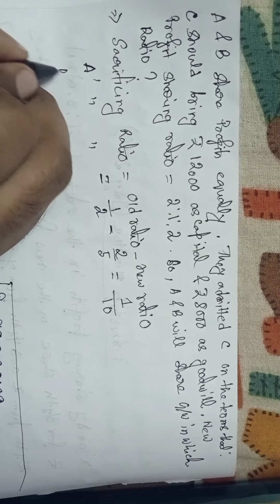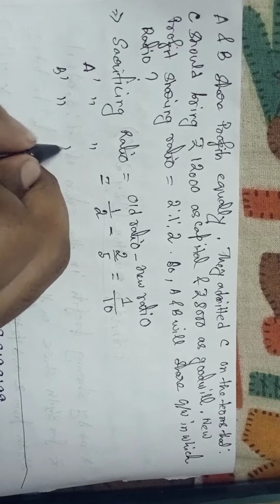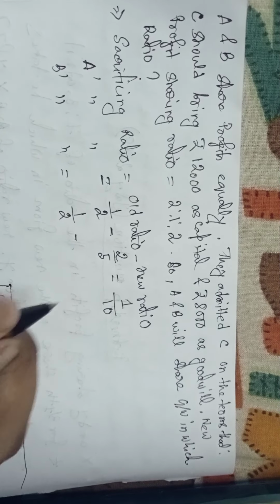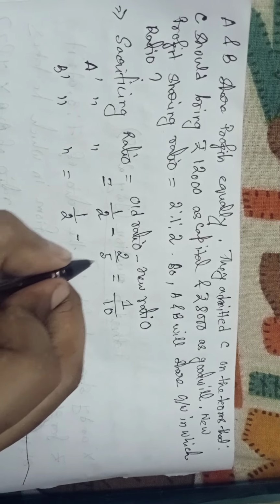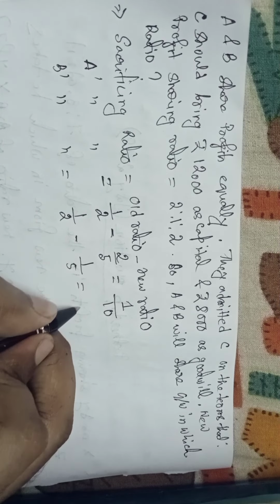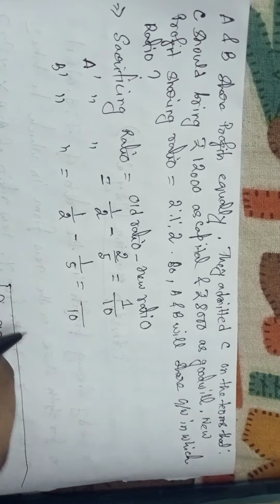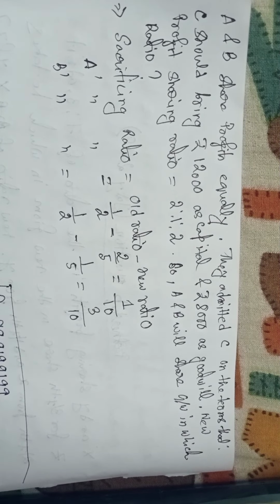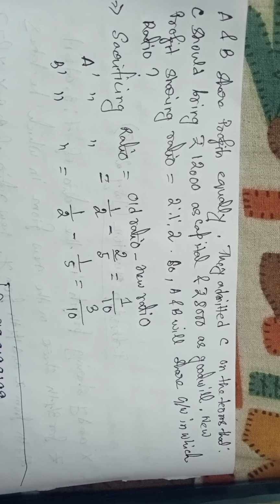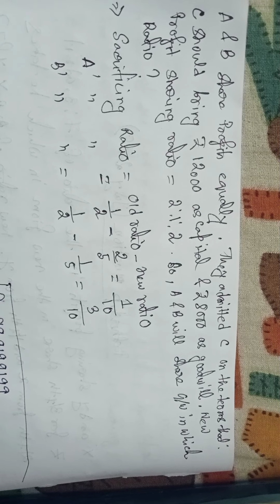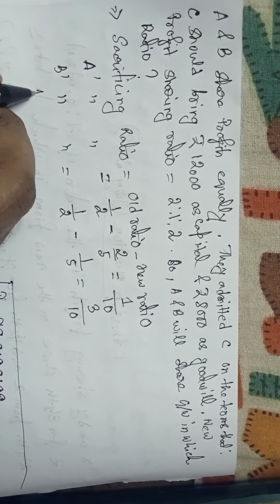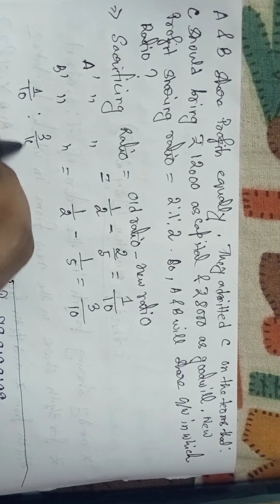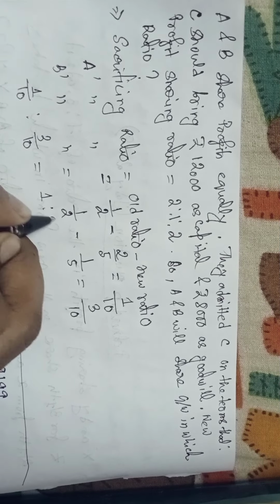Now we have to calculate B's sacrificing ratio. So he was also previously getting half, and now he is getting 1/5. So we'll get 3/10. So the ratio at which A and B will share goodwill is 1/10 is to 3/10, that is 1:3.